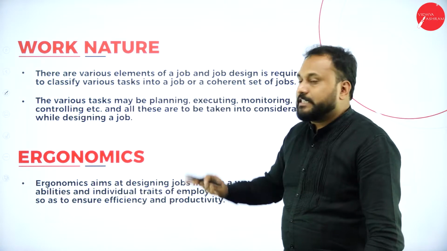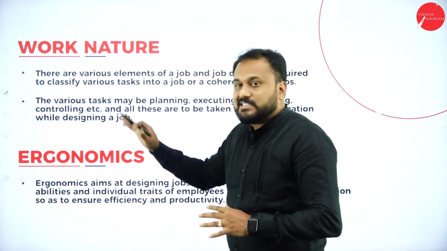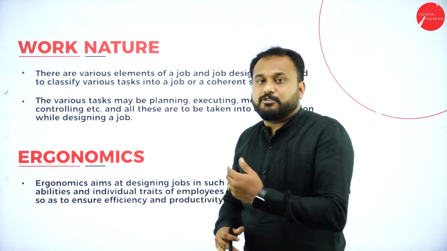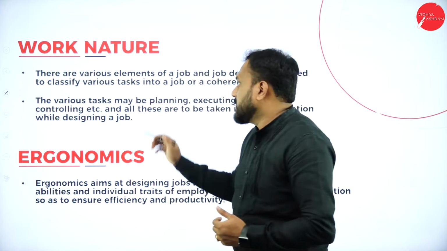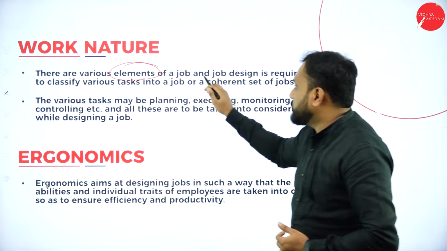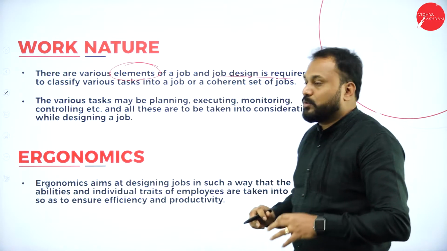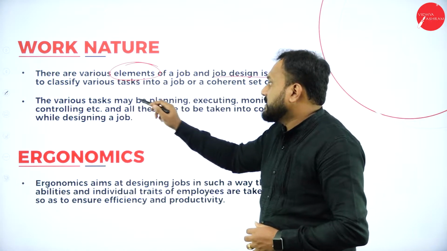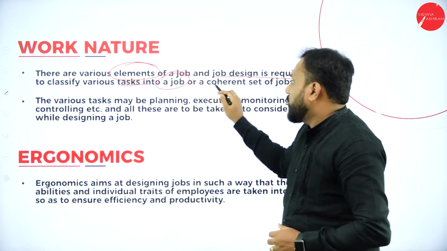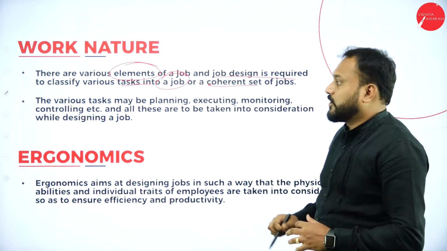Now when we go with work nature, there are various elements when we compare the work nature and the ergonomics. Now the various elements of a job and job design are required to classify various tasks into a job or a coherent set of jobs.